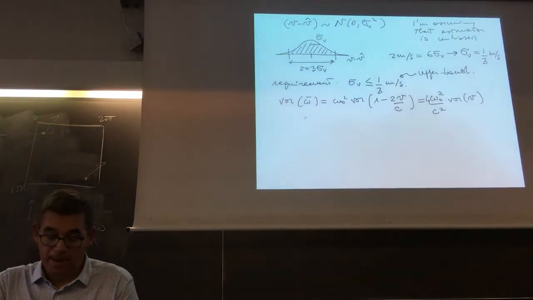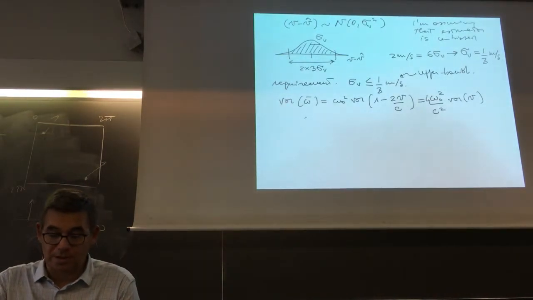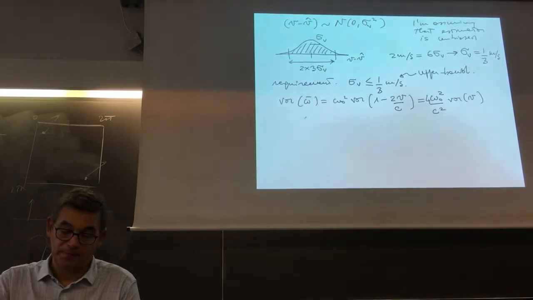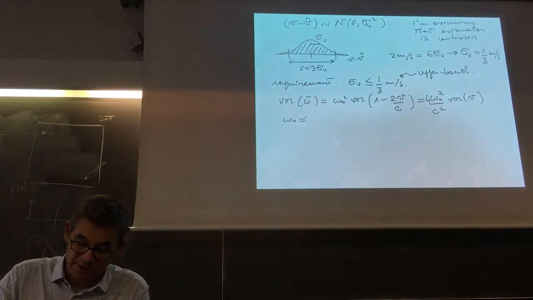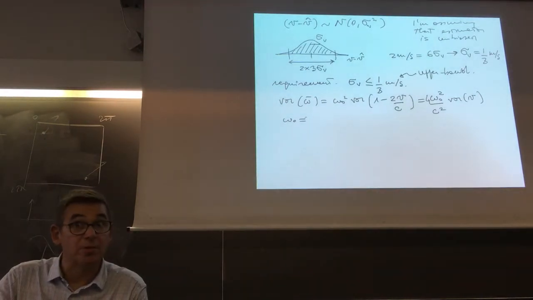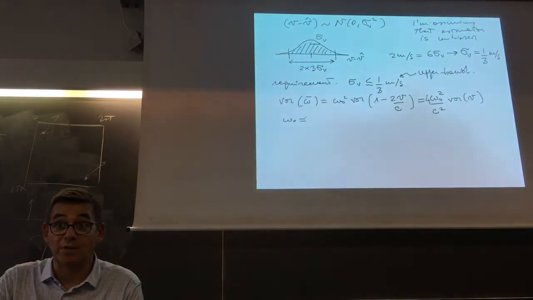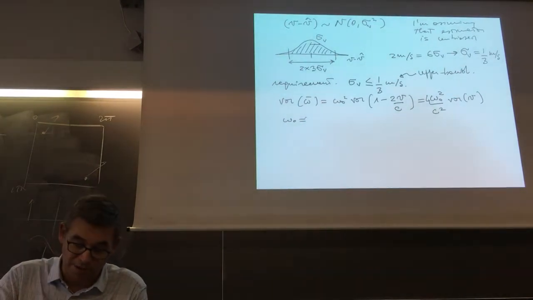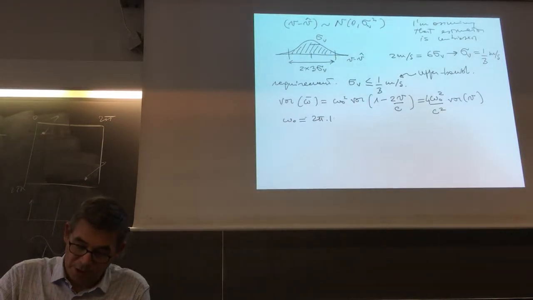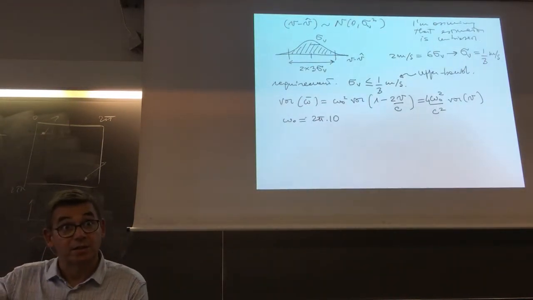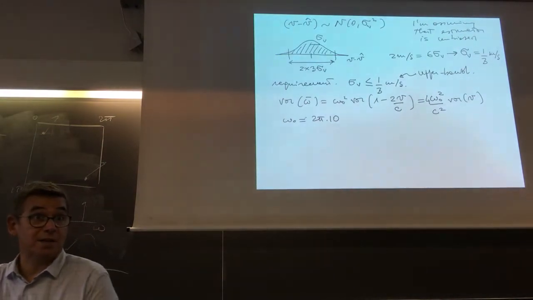We need to set some numbers. Imagine that omega 0 is, let's not use radio frequency or millimeter wave, 2 pi multiplied by, to make it simple, 1 megahertz. This is not realistic for a radar, but it makes the exercise easy.